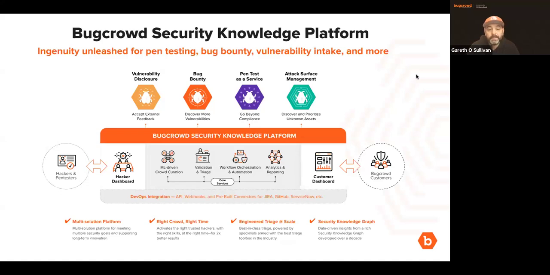There's a range of what we can style as DevOps style integrations built in to enable customers to move the results found from the different programs that we run into internal systems that they're already using to track vulnerabilities and so forth. So customers don't have to spend too much time in our platform if they don't want to. But there are quite a lot of useful analytics and reporting capabilities in there as well that they can make use of too.